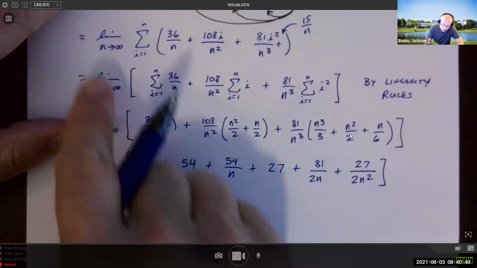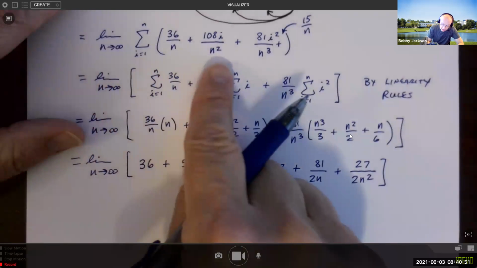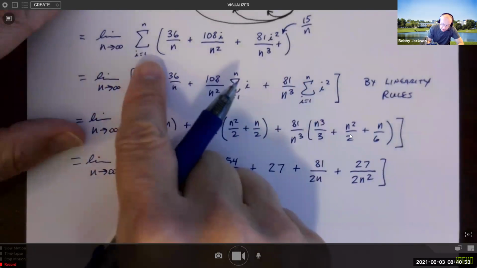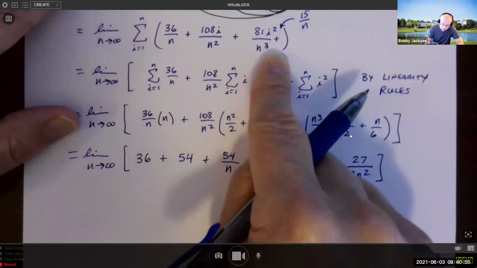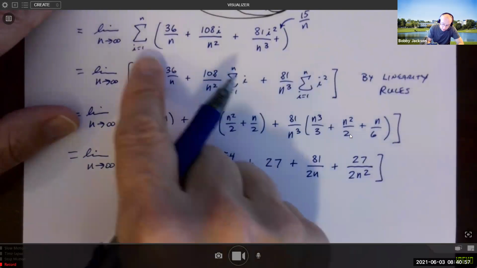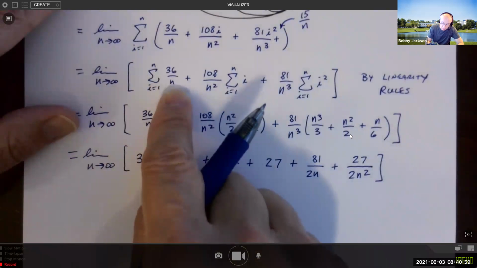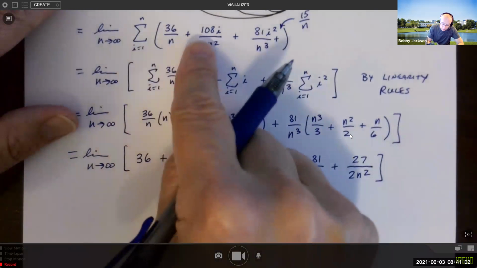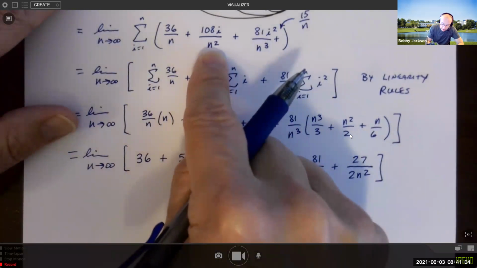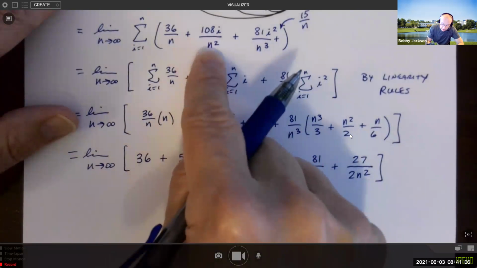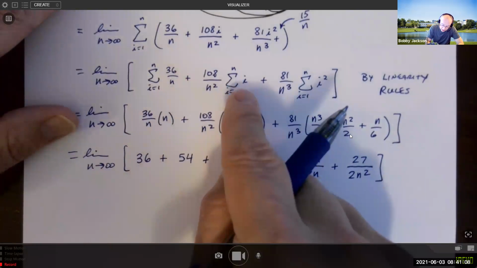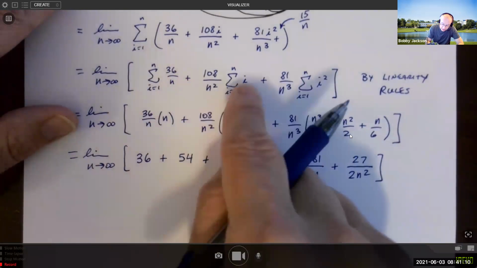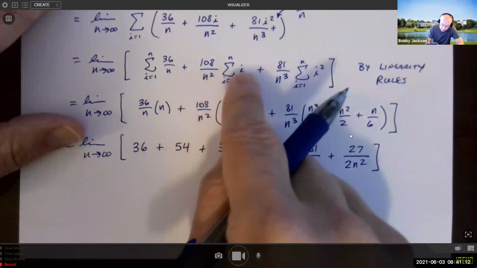And now what I've done here is I've broken up this sum by the linearity rules. So I'm going to write this as the sum i equal 1 to n of 36 over n plus the sum i equal 1 to n of 108 i over n squared. Now what I've done with the 108 over n squared, since that's a constant multiple, I pulled that out, right? That's also a linearity rule. You can pull constants out.